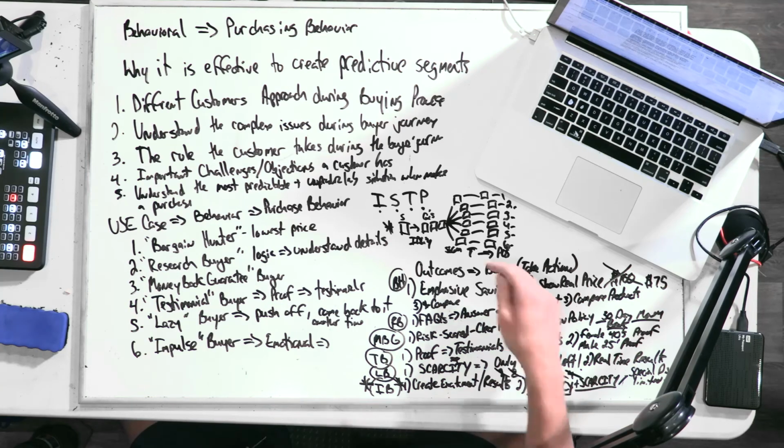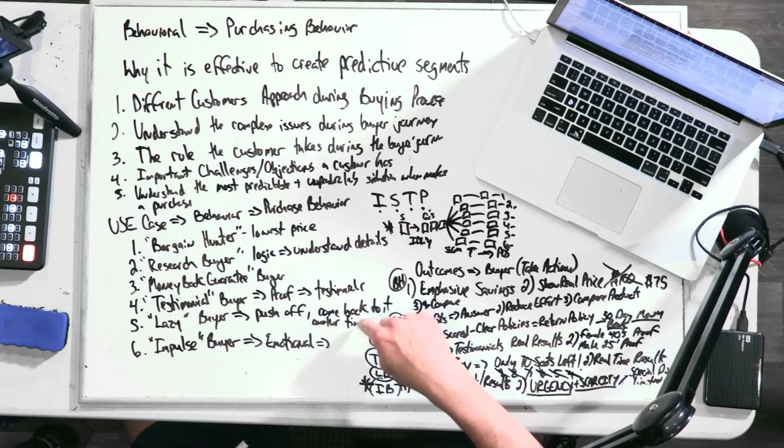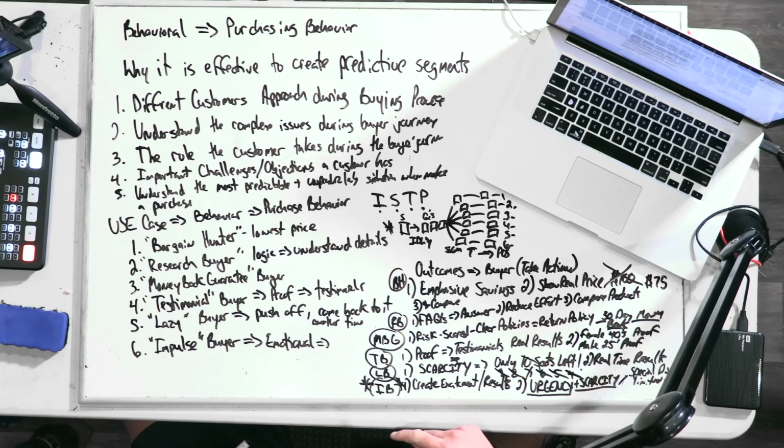So it's not like you have to go and create all this crazy amount of work. You ultimately have the same offer, the same sales page. But for example, if you're going to have a headline, well, then your headline should represent each one of these segments, objections and challenges.